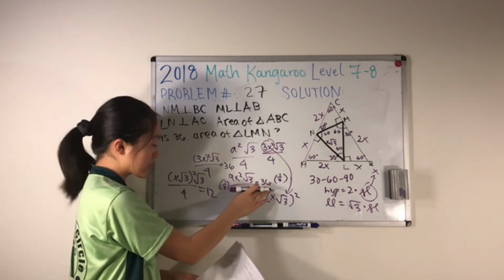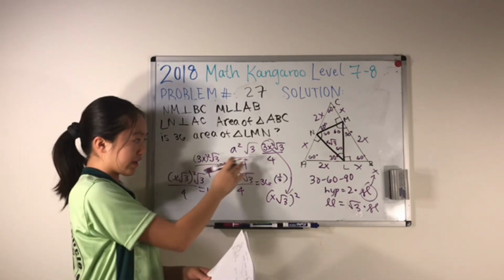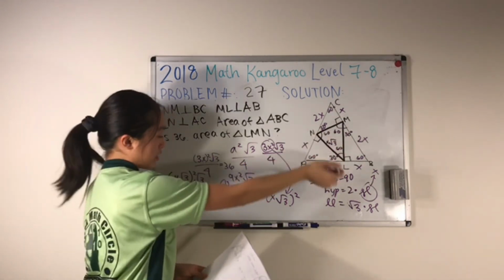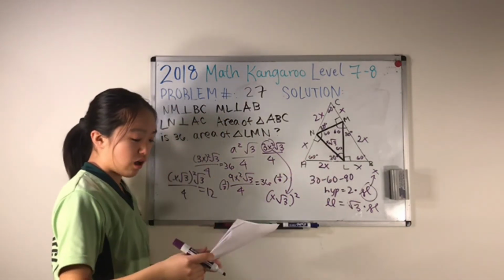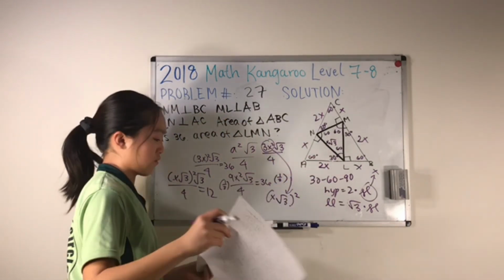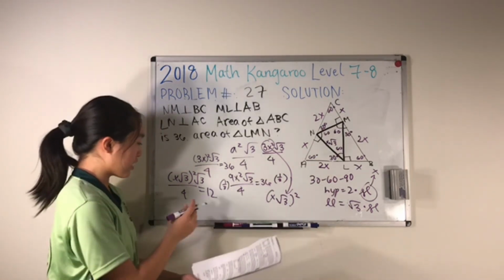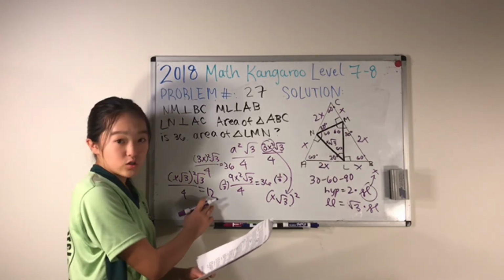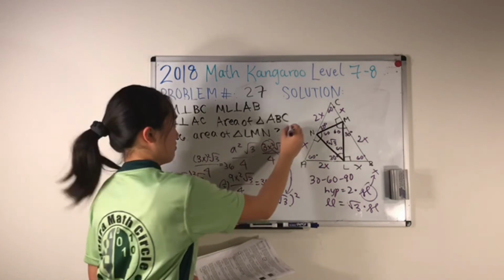Since 12 is 1/3 of 36, and this is the exact same equation we would use to calculate the area of the smaller equilateral triangle, the smaller equilateral triangle is 3 times smaller than the larger one. Now it's asking for the area of triangle LMN, and since it's 3 times smaller, it is 12. That gives us our answer of letter B.